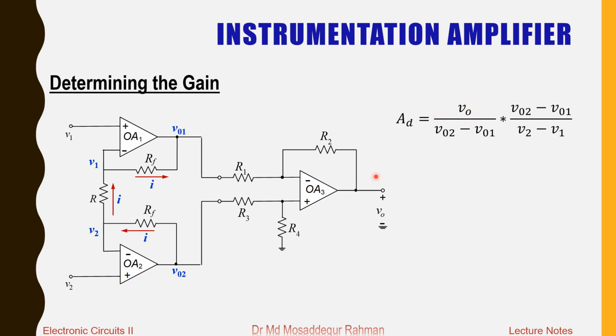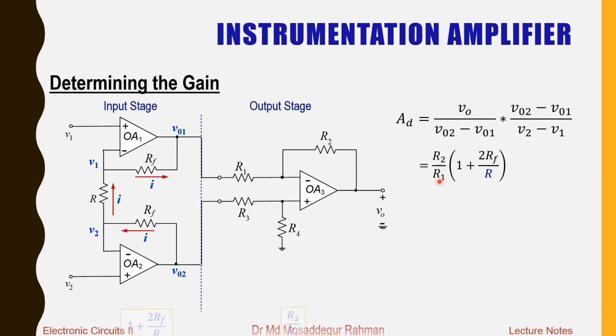The first part is the gain of the output stage, that is our basic difference amplifier, and the second part here is the gain of this input stage, and that we can express like this. So that is the gain of the output stage, R2 by R1, and that is the gain of the input stage, 1 plus 2RF by R.